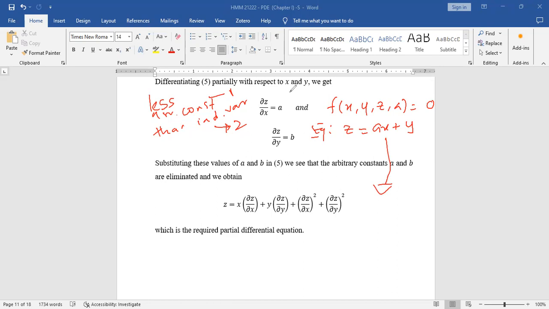So can you send your answers? What is the equation maybe? Like p, q, you can use those notations for easy sending of solutions.